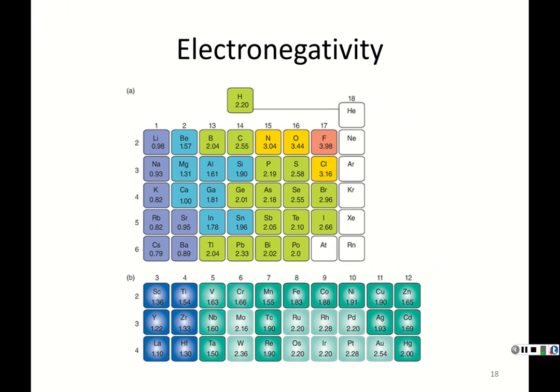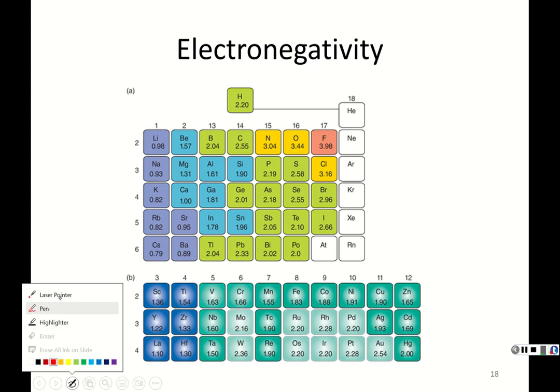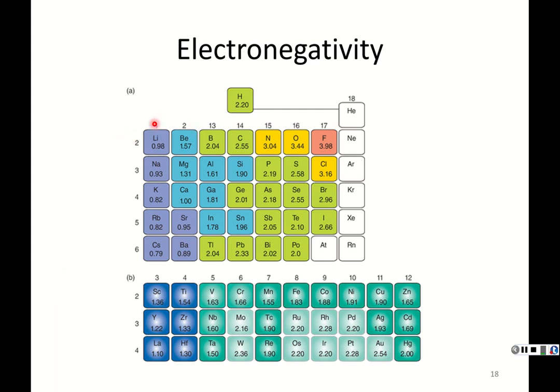Right. The other trend is electronegativity, and this one is a big deal in chemical bonding. Unfortunately, there's not a huge trend that is always followed, but in general, electronegativity will get higher as you go from left to right and from the bottom of a group up to the top.